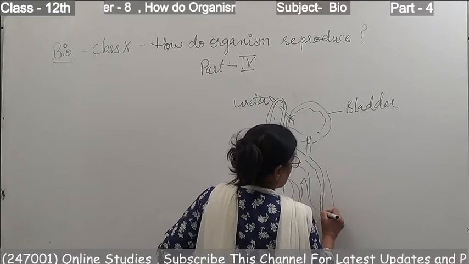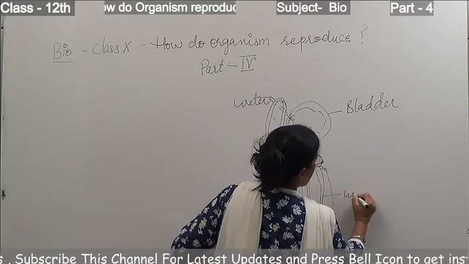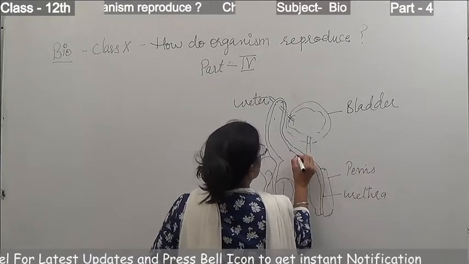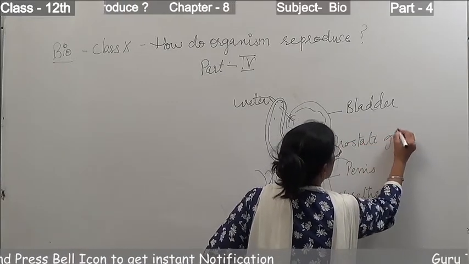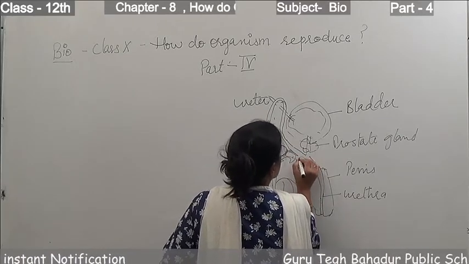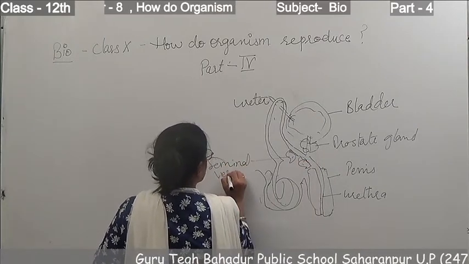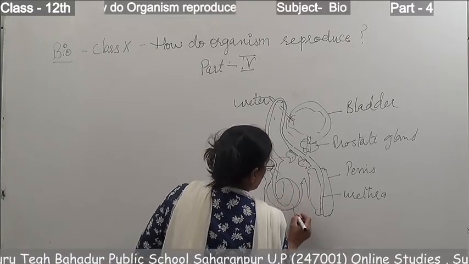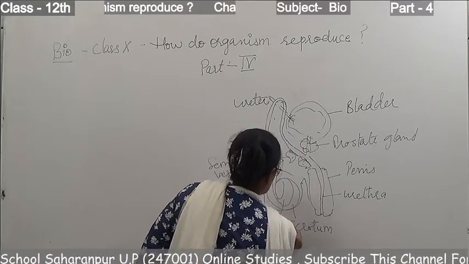This is the urethra, this is the penis, this is the prostate gland, and this is the seminal vesicle, this is the scrotum, and this is the testis.